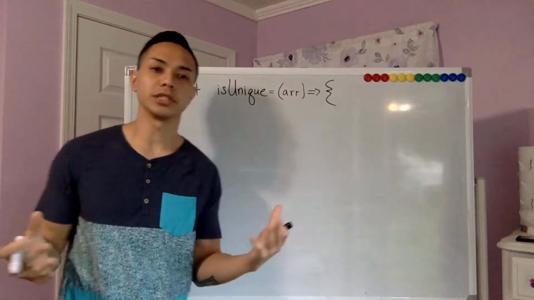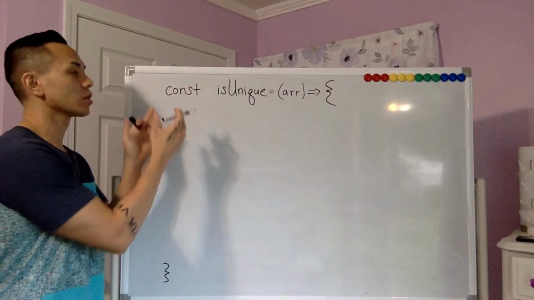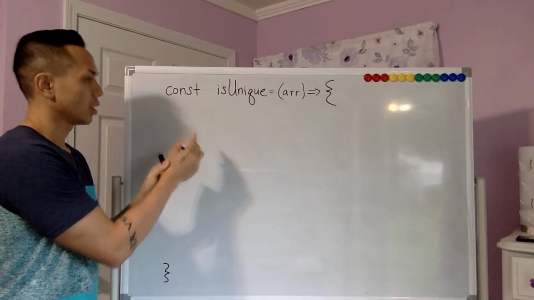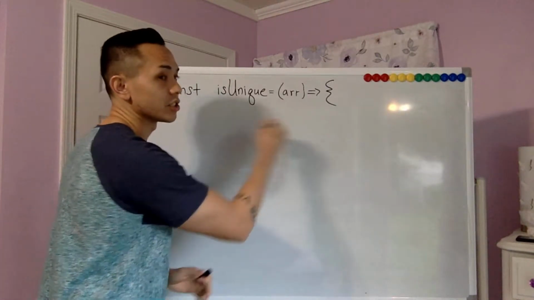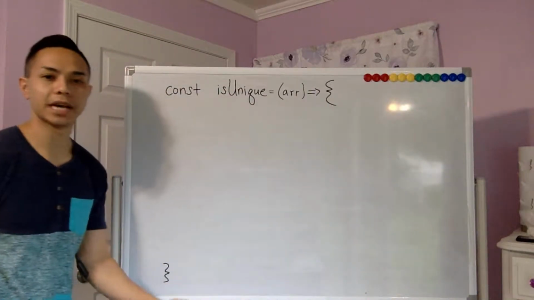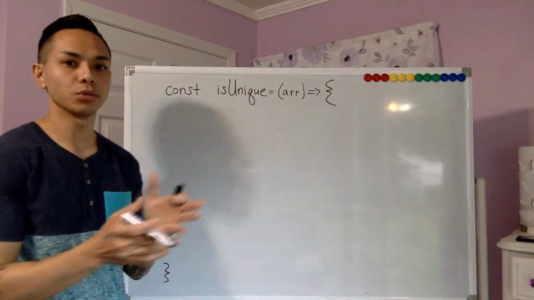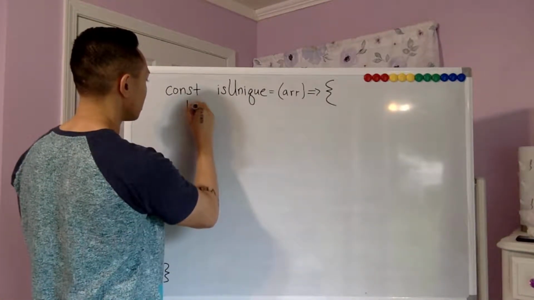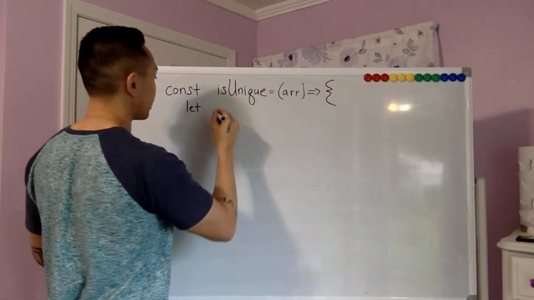And the first thing we're going to want to do is create a variable that will be returned even after a bunch of logic has executed, right? And that variable will basically return true or false. So let's create a variable called, let's call it uniqueNumsInArray.